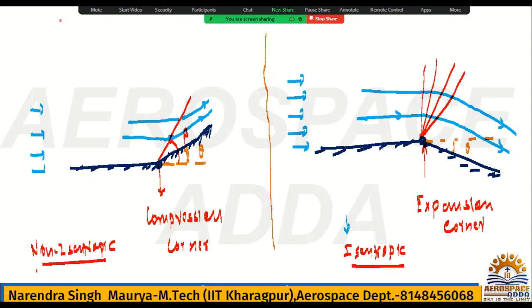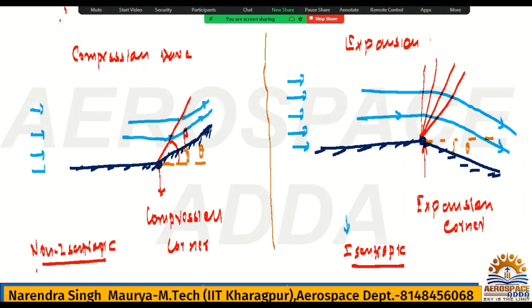Okay, this is the compression wave, and this will be the expansion wave. Always remember this expansion wave is also called an expansion fan. Okay, there should not be any confusion. And this one will be called an oblique shock wave, and this is the fan.